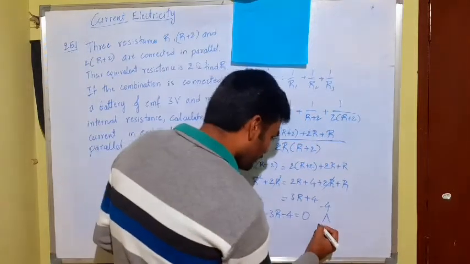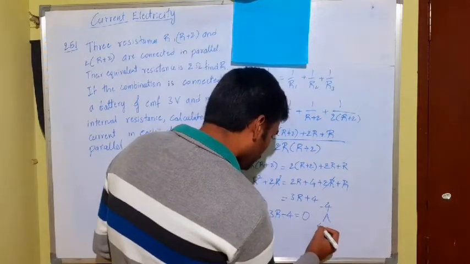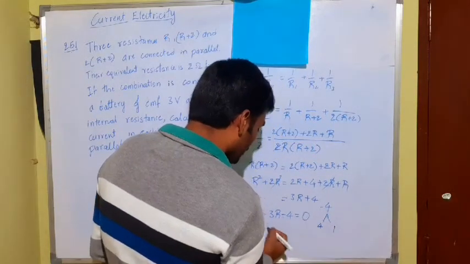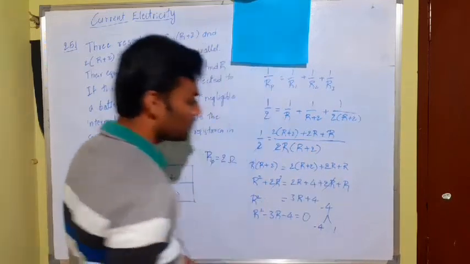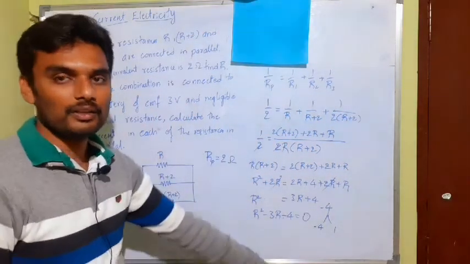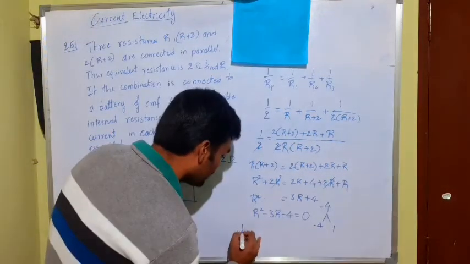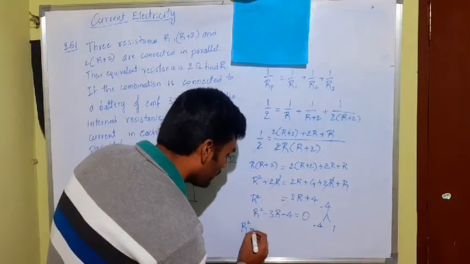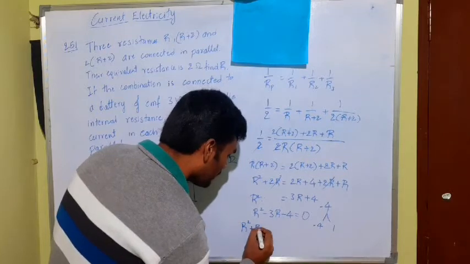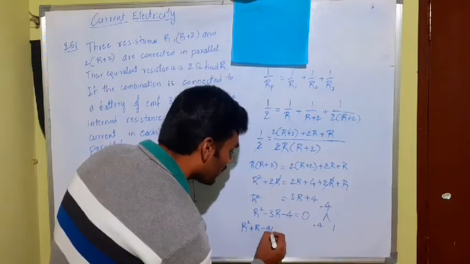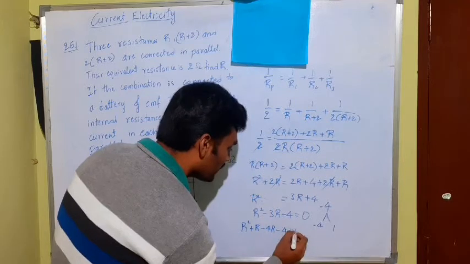So it's 4 times 1, and we need minus 3, so it's minus 4 and 1. These are the factors, right? So simplifying this, it's R squared plus R minus 4R minus 4 is equal to 0.